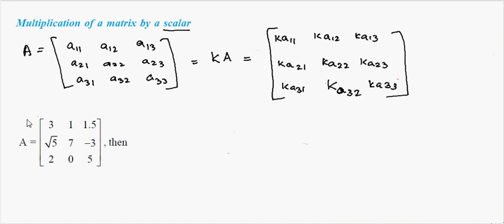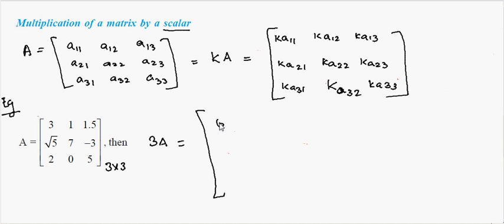Suppose I take for an example matrix A as this, which is of the order 3 by 3. If I want to find 3A, how will it be? It is the same as the previous example. You need to multiply all the elements of matrix A by the scalar 3.